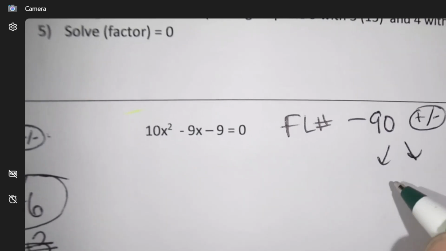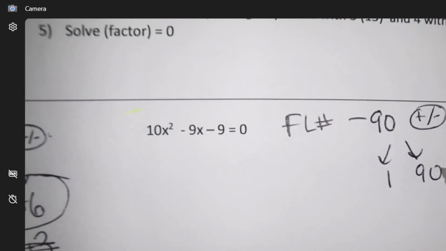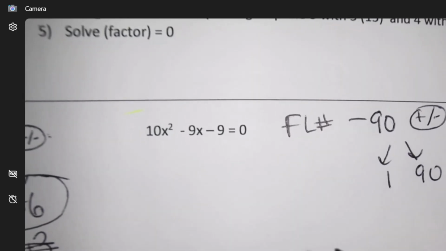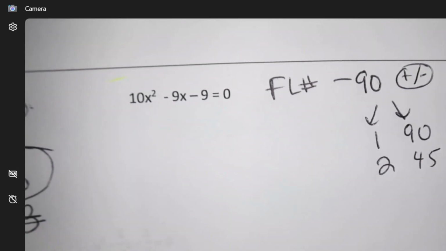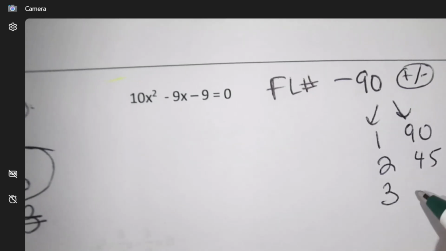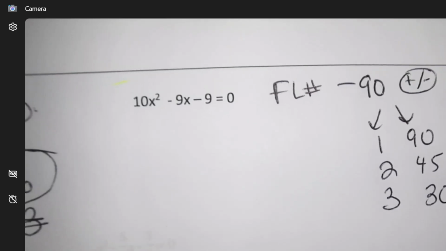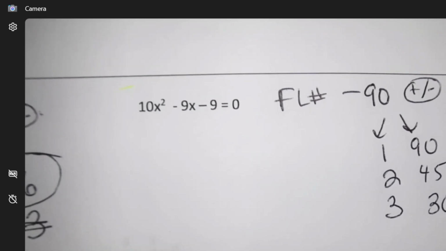Okay, so some options. I could have done a 1 times 90, 2 times 45. Is it divisible by 3? Yes, 3 times 30. Do you think it's divisible by 4? No, because 4 times 88 is divisible by 4, so no. Should it be divisible by 5?